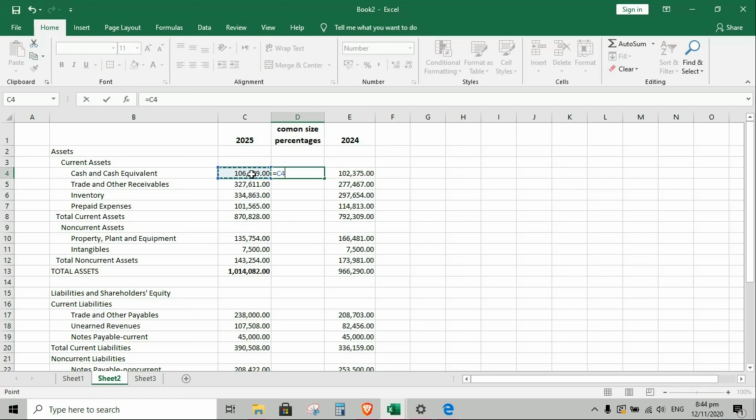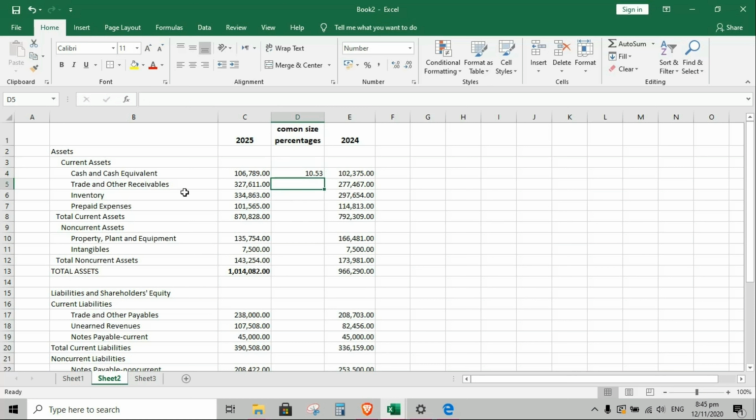So yan yung amount sa item ng cash and cash equivalent. Ngayon, i-divide natin siya doon sa total assets. And then, pa-times natin siya ng 100. So, the answer is 10.53, hanggang second decimal point.